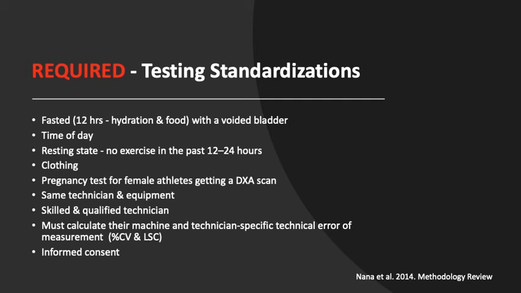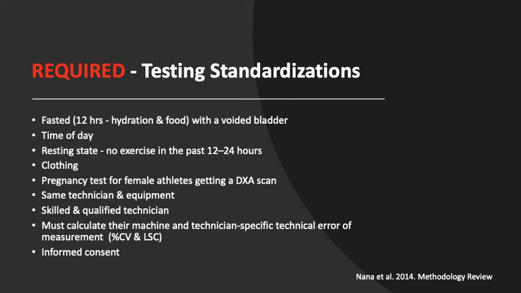Ensure that you always test at the same time of day. This is important for serial tracking. If you're testing the same person over and over again, ensure you test them at the same time of day. As well, have a resting state, so no exercise in the past 12 to 24 hours, because this does impact fluid shifts and fluid dynamics within the body. As well, control for clothing.